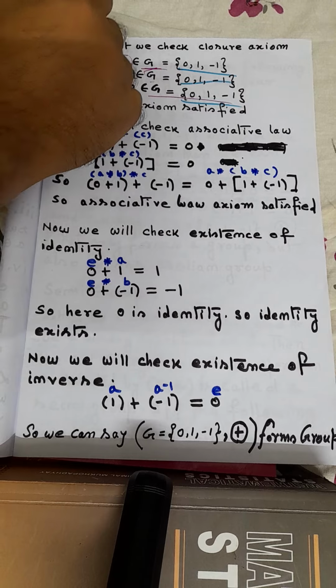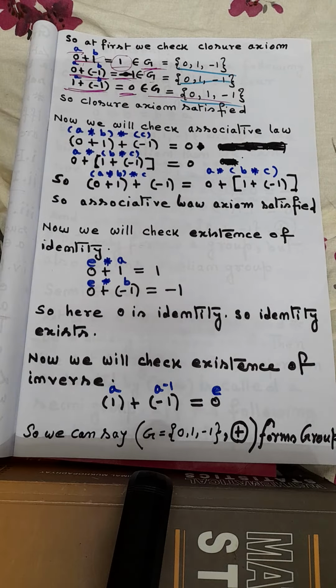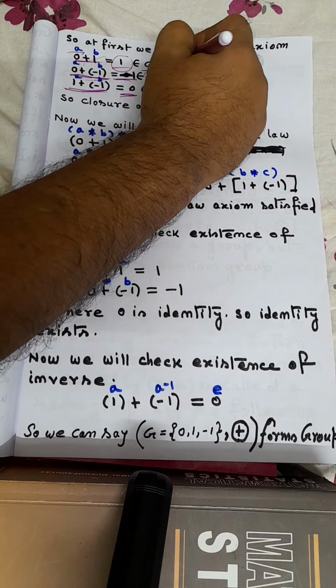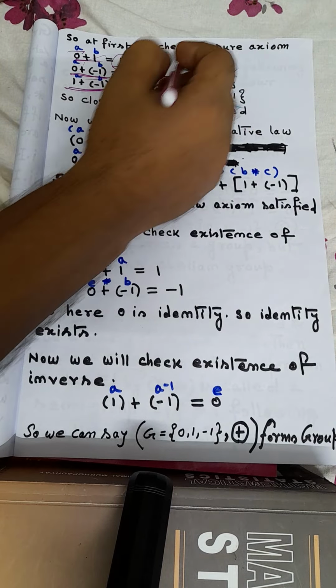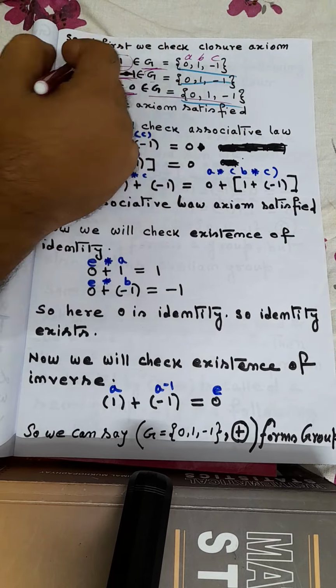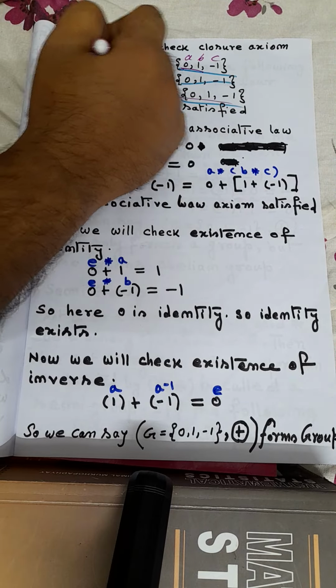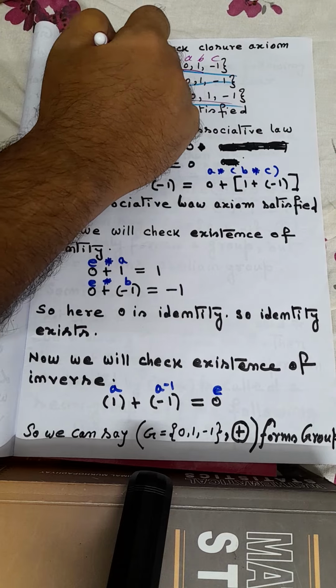Because A, B is an element of G. Now what we are doing? 0 plus 1, that means A plus B, is producing 1, right?